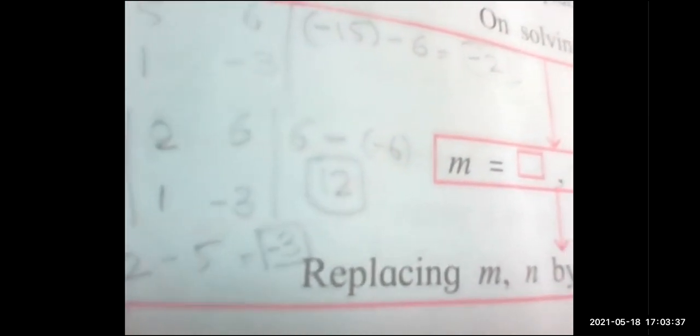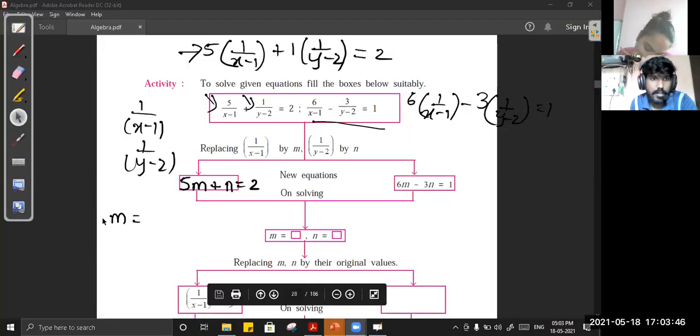Minus 6. I think your Dx is wrong. That's your Dm term. So just tell me for Dm.